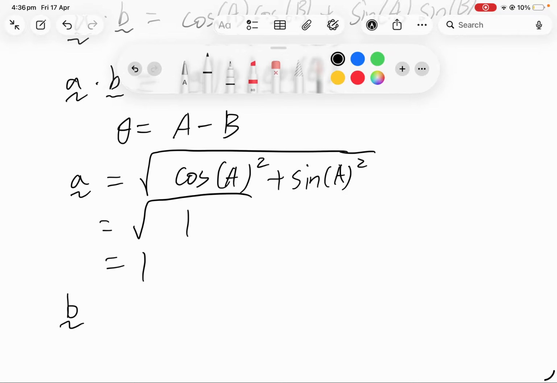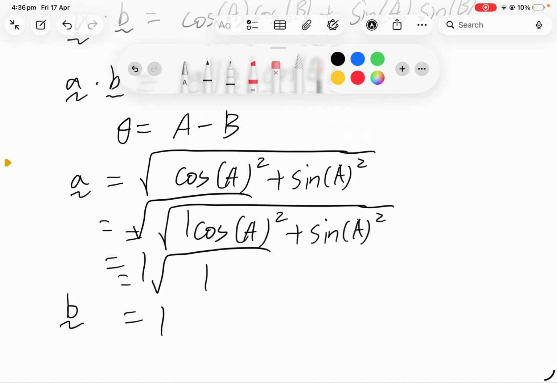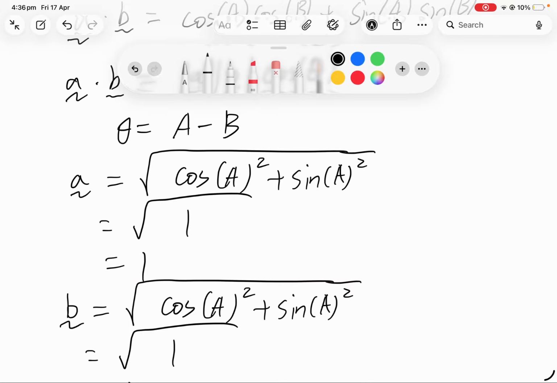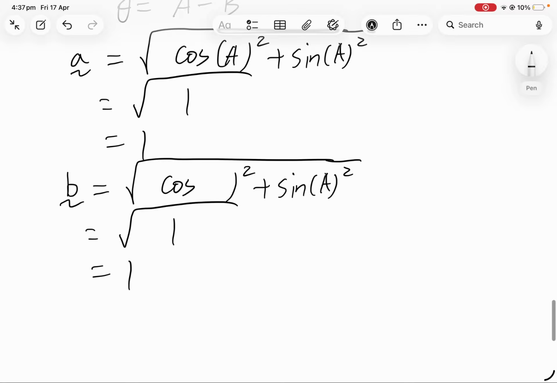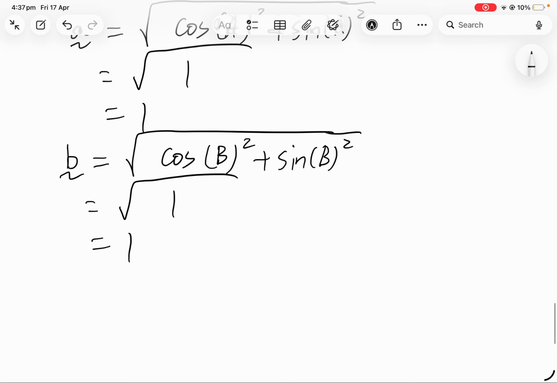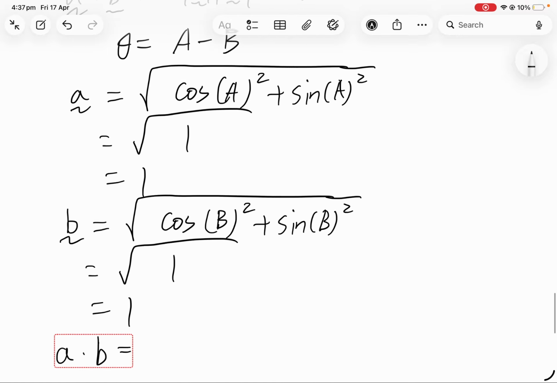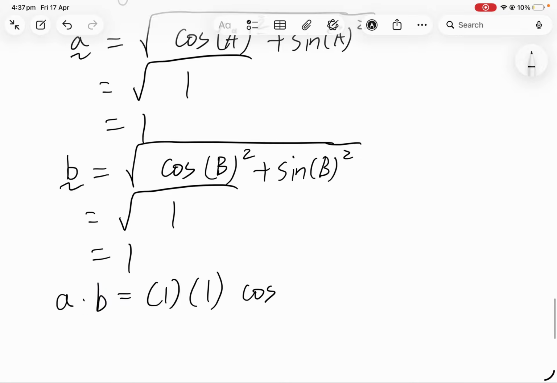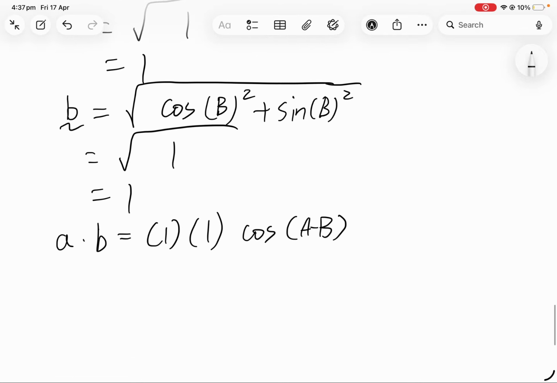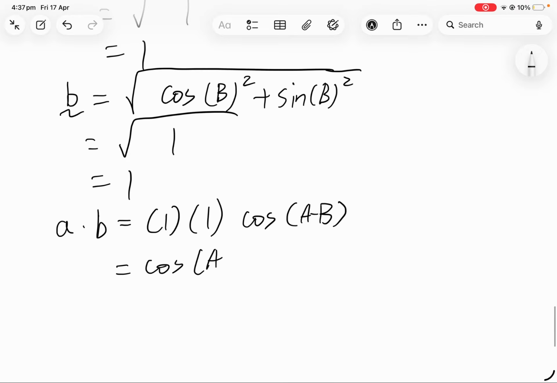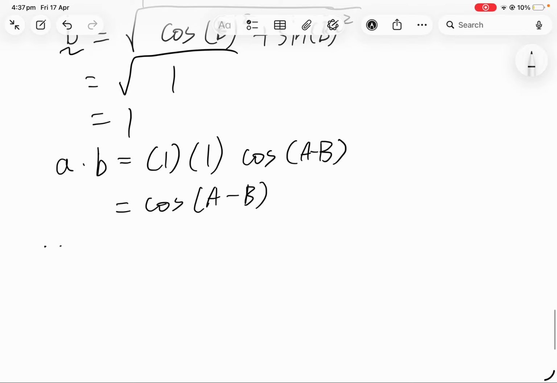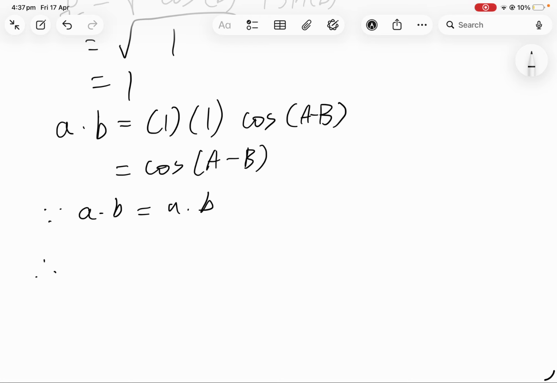So literally a dot b will just become 1 times cos(A minus B), which equals cos(A minus B), and since a dot b equals a dot b, then we have proven it.